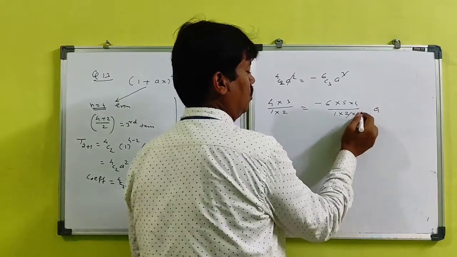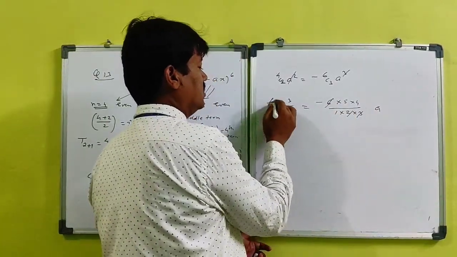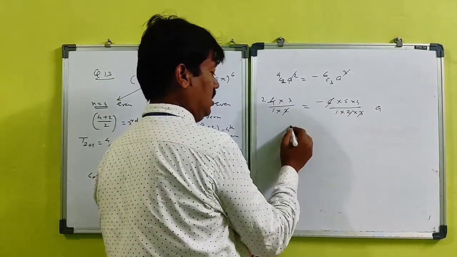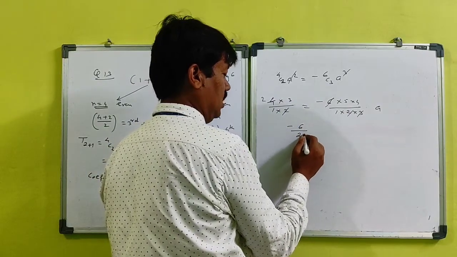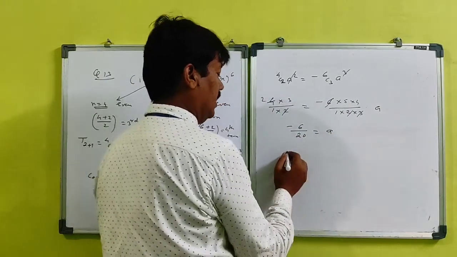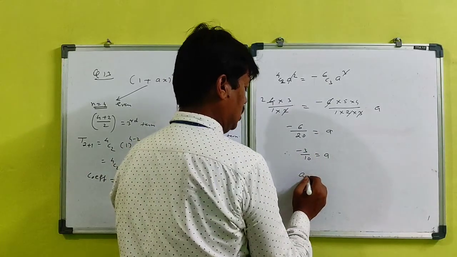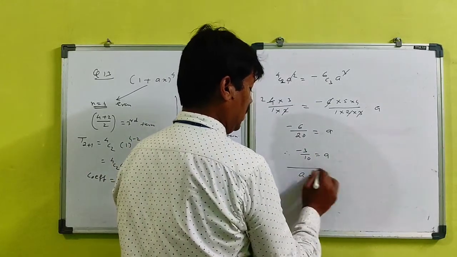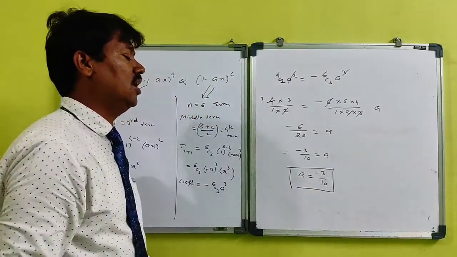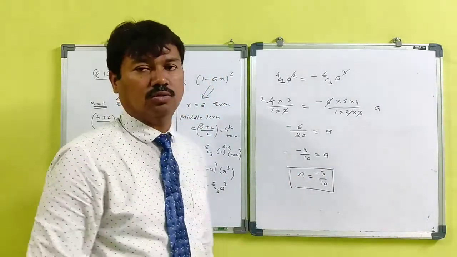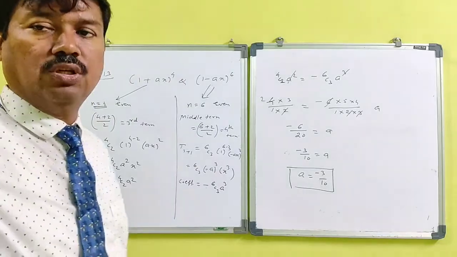So 2 into 3 cancelled here. So it is 6 and that is 20. So a is minus 6 upon 20, that is nothing but minus 3 by 10. So answer is a should be equal to minus 3 upon 10. So that should be the answer for question number 13.